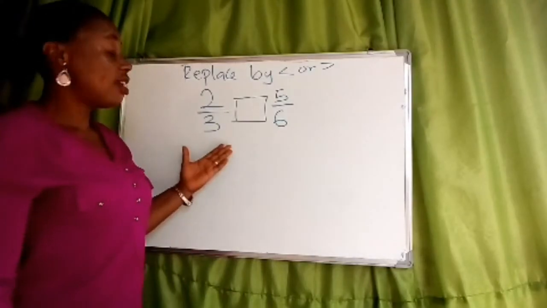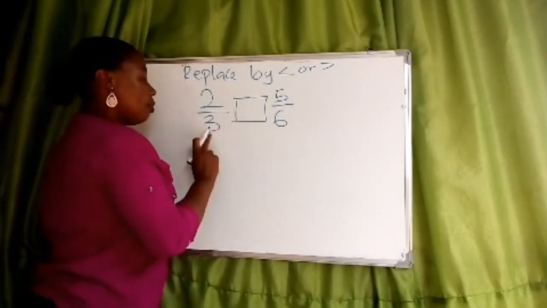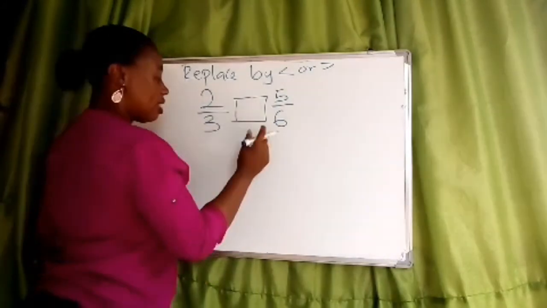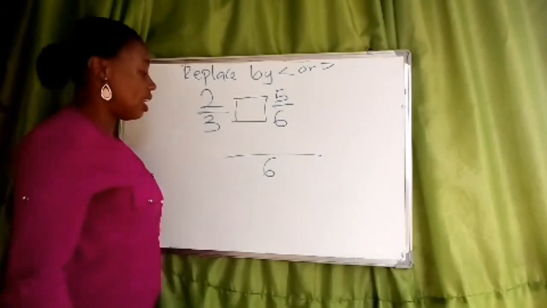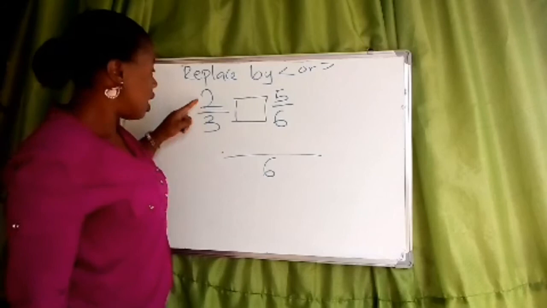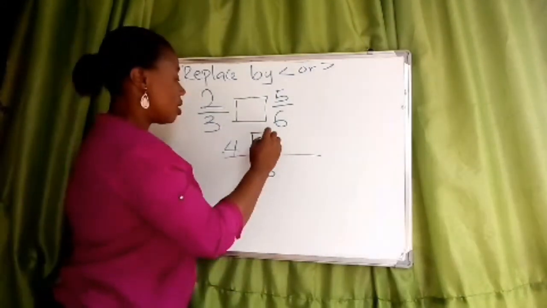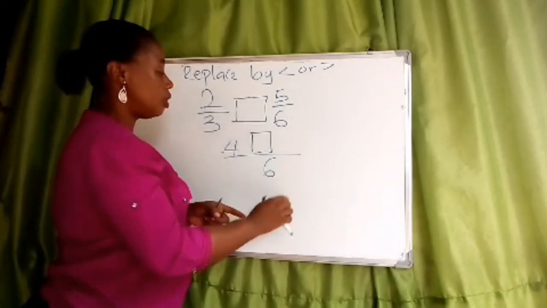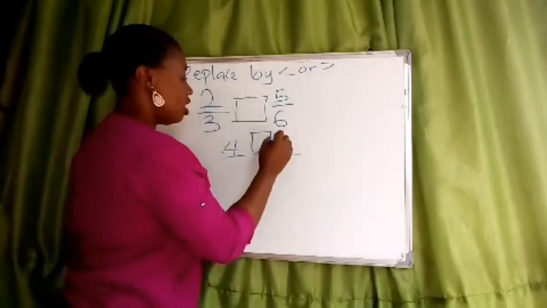Let us use the LCM method to order these fractions. Now, when using this method, you find the LCM of 3 and 6. The LCM of 3 and 6 is 6. After that, you say 6 divided by 3 is 2. 2 times 2, you have 4. 6 divided by 6 is 1. 1 times 5 is 5.